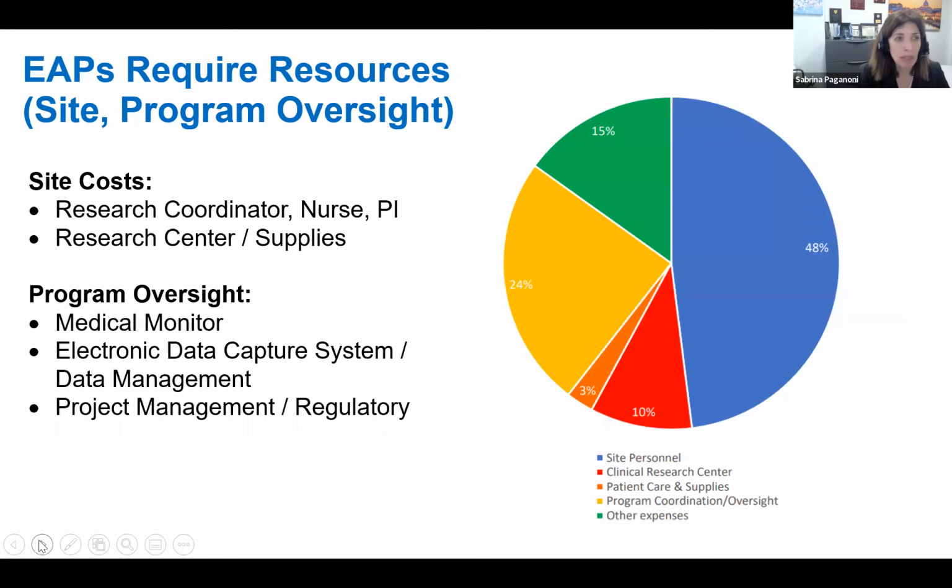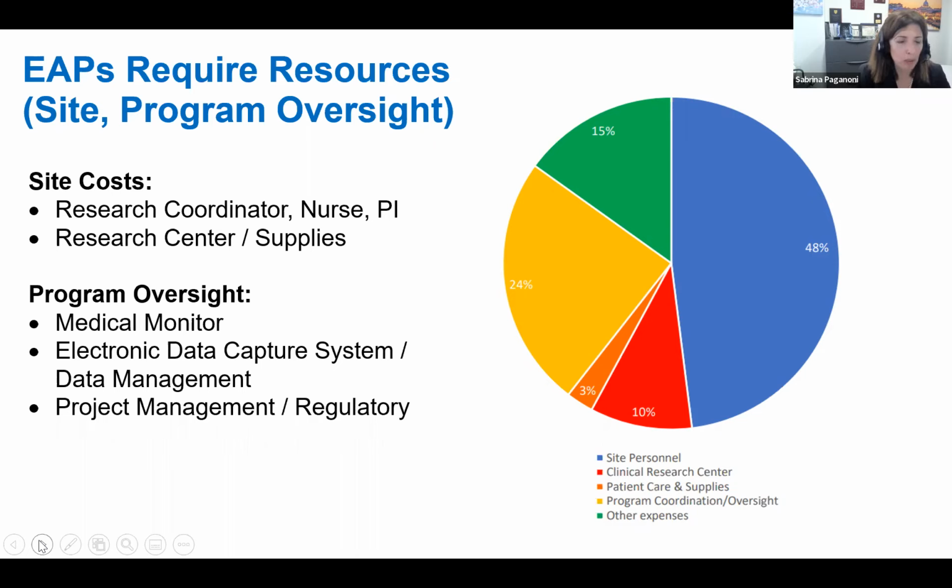Now, obviously, EAPs require resources both at the site level and for program oversight. So we obviously need to devote resources in terms of research coordinators, nurses, PI, research center supplies as applicable. And then we do have a responsibility when we sponsor EAPs to monitor safety.